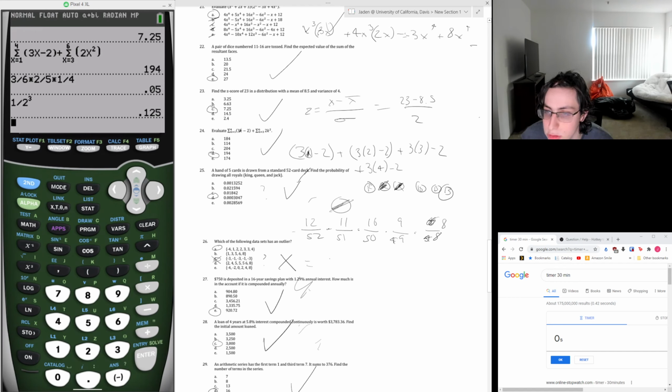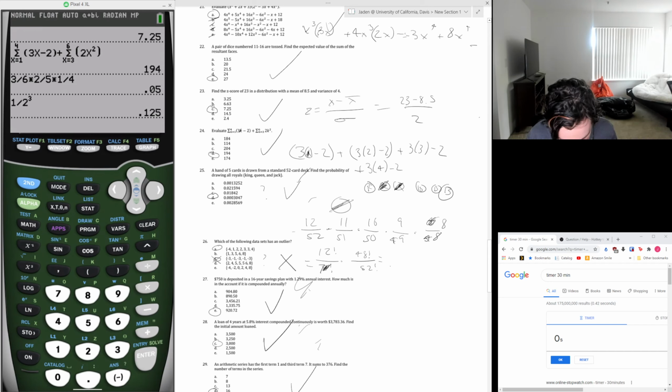So that's 8. Alternatively, you could write this as 12 factorial divided by 7 factorial times 48 factorial divided by 52 factorial. And basically, when you divide factorials like this, wait a second.